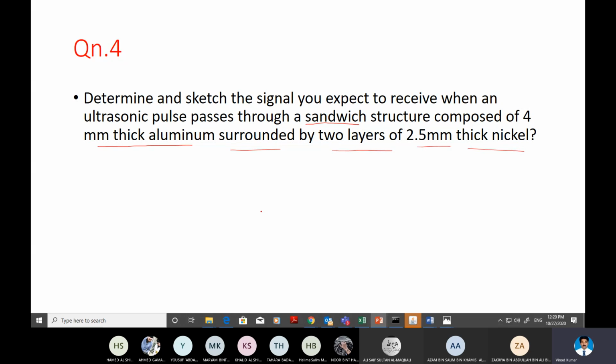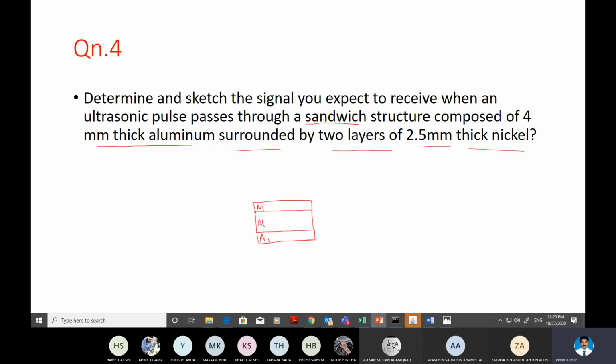So how can I draw it? I will draw first aluminium. Then I will draw nickel on the top, another layer of nickel on the bottom. See here, you have nickel here, nickel here, and aluminium.